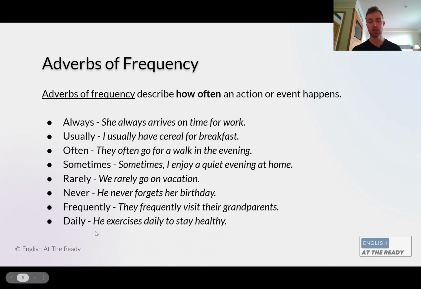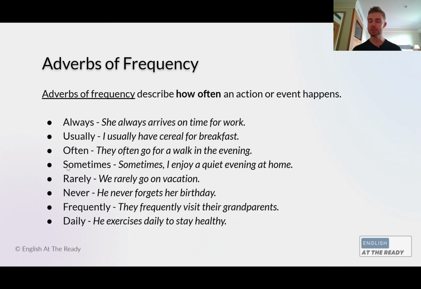And daily, he exercises daily to stay healthy. So basically, all of these are adverbs of frequency, and they're describing how often something happens, how regularly something happens. There are more, of course, but these are the most common.